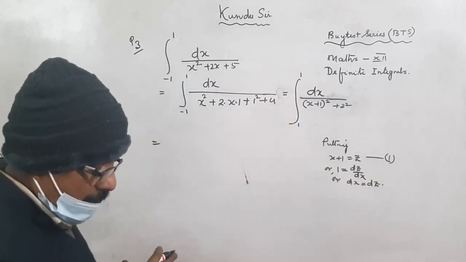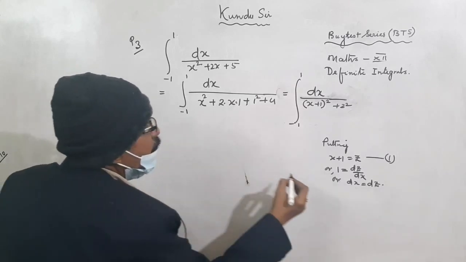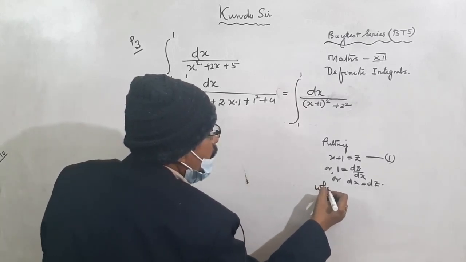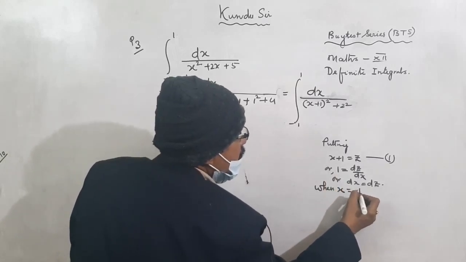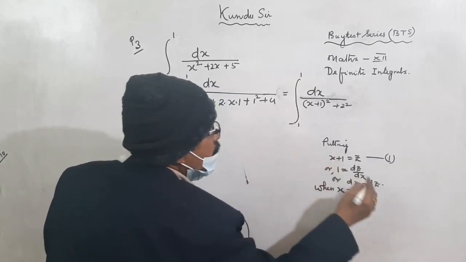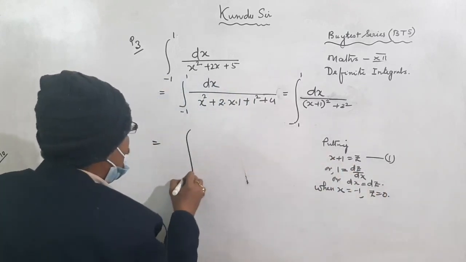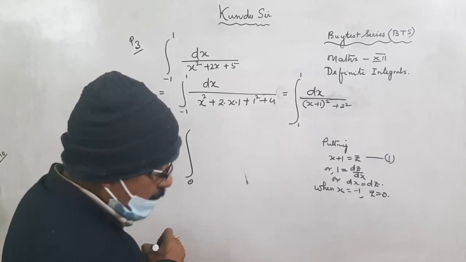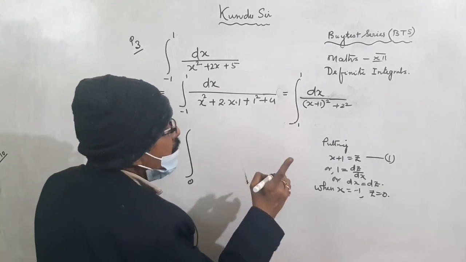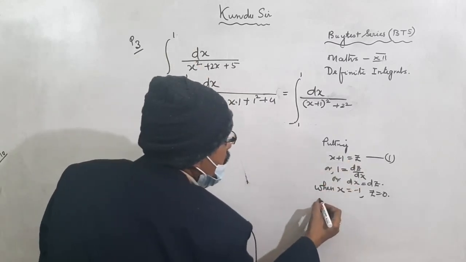Second one, when x equal to minus 1, z equal to 0, and when x equal to 1, then z equal to 2.